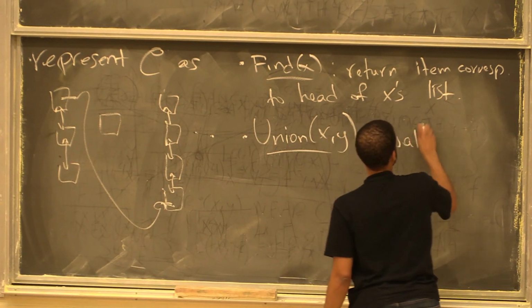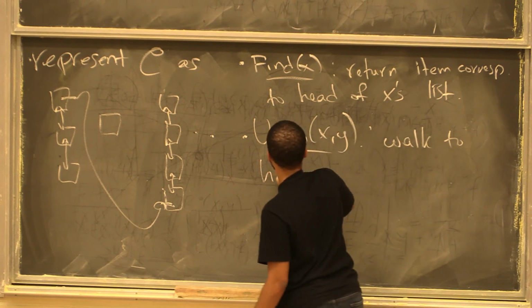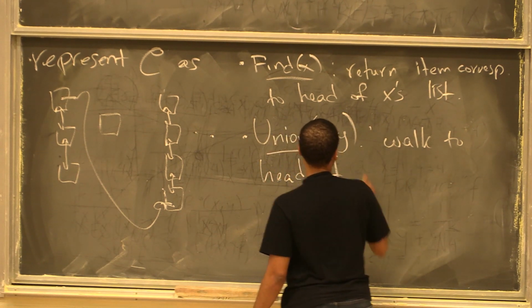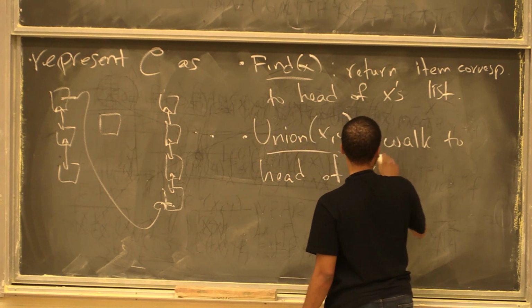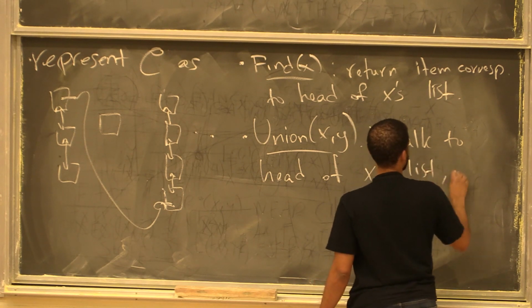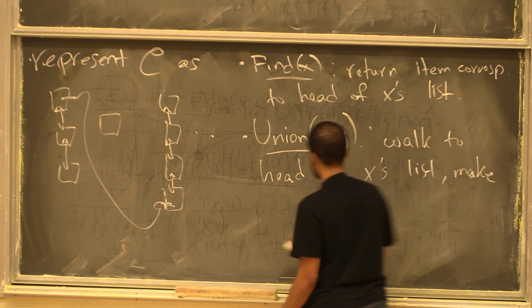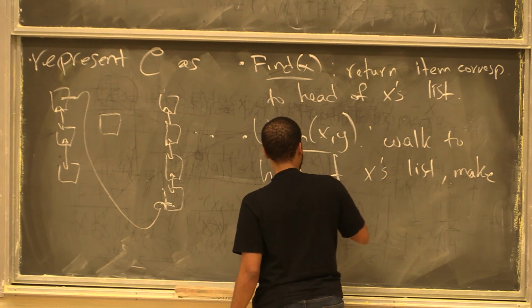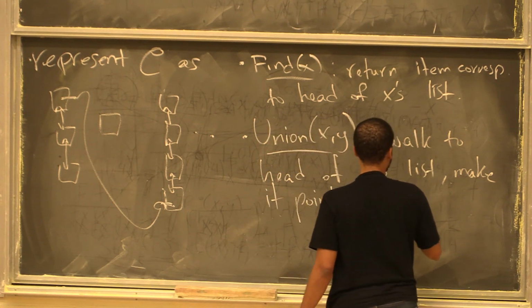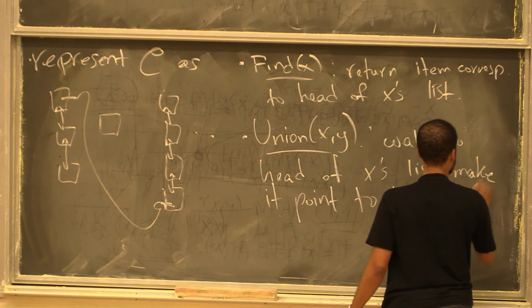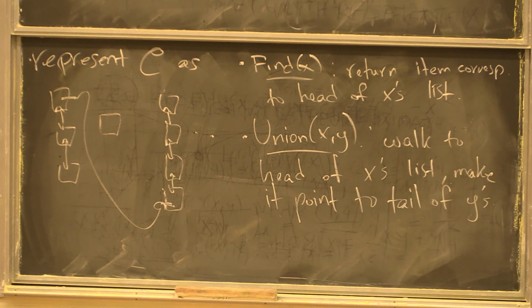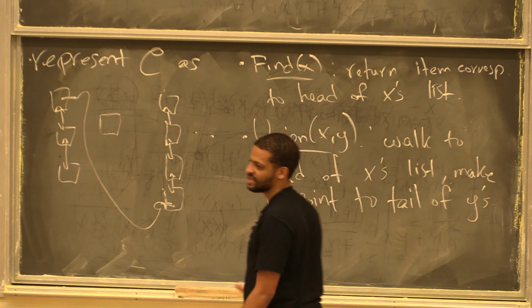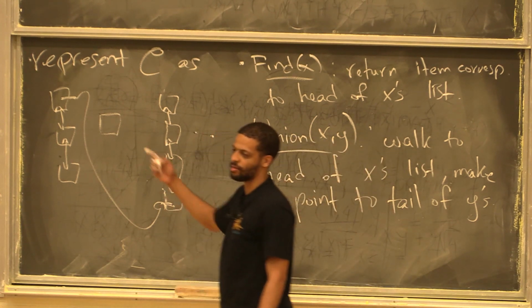So walk to the head of X's list and make it point to the tail of Y's. Okay. So this is where I'm using a doubly linked list. From Y I'm walking down, from X I'm walking up.